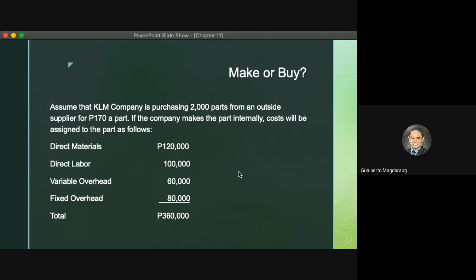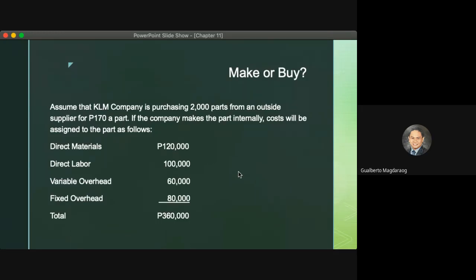Pero kung below, mas mabuti pang bilhin mo na lang outside. Buying it outside is cheaper compared to making it inside.